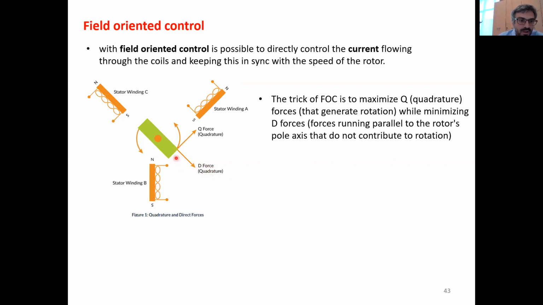The field-oriented control is a trick to control the current flowing through the stator coils in a way that we minimize the D forces, which are not producing motion. We maximize the quadrature force.